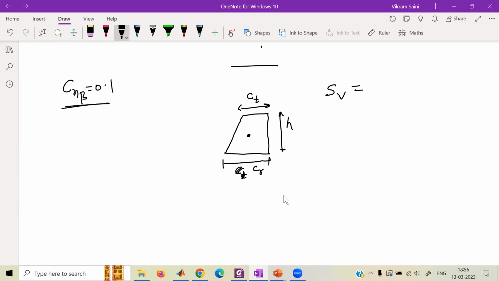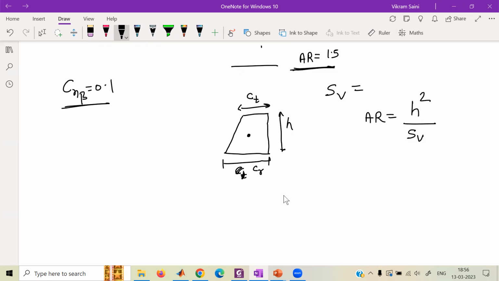Once you have the area, during the computation of this area we took an assumption that the aspect ratio of that wing is 1.5. Taking that aspect ratio, how do you define aspect ratio? You define aspect ratio as span squared divided by area. In this case, the span is the height, so height squared divided by the area.